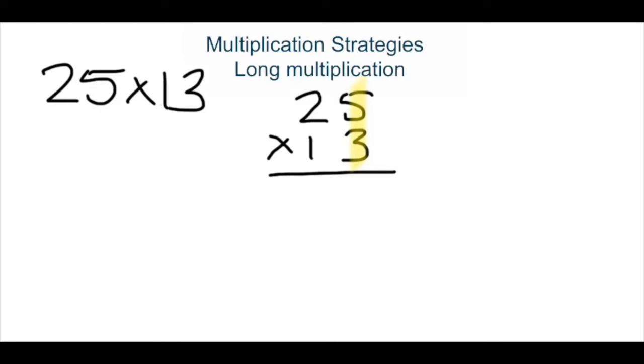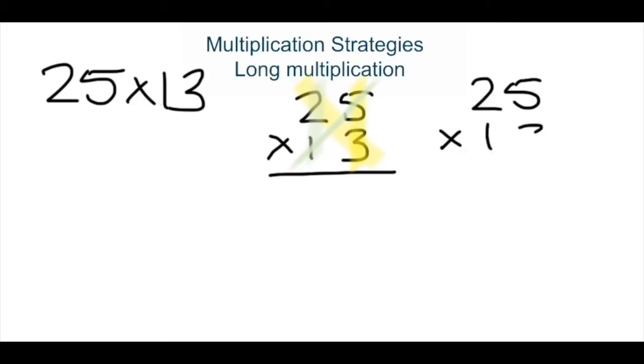Then we take our tens number and we times it by our units number as well. Then we go back and we actually times our units number by our bottom tens number and our tens number by our tens number.